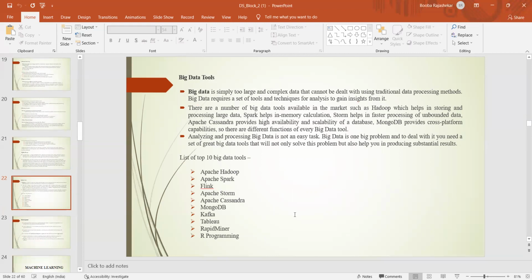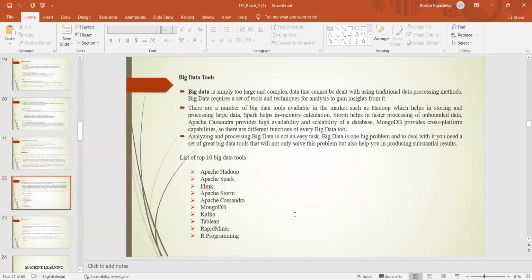Spark helps with in-memory calculation. Storm helps with faster processing of unbounded data. Apache Cassandra provides high availability and scalability of the database. MongoDB provides cross-platform capabilities. So there are different functions for every big data tool.